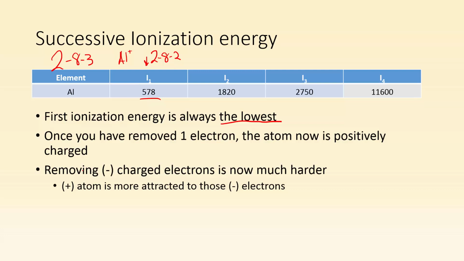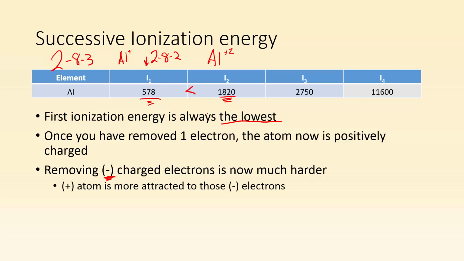Now it's going to be harder to remove another electron because they're negatively charged. It's one thing ripping away an electron from a neutral atom. Now I have this positive ion, and I'm going to have to rip away a second electron and make Al2+. You can see how the second ionization energy compares to the first one.